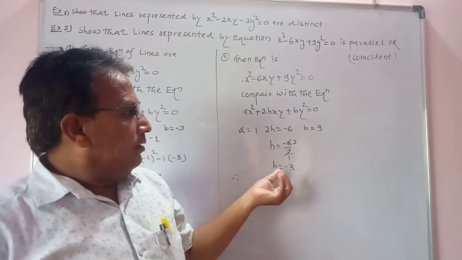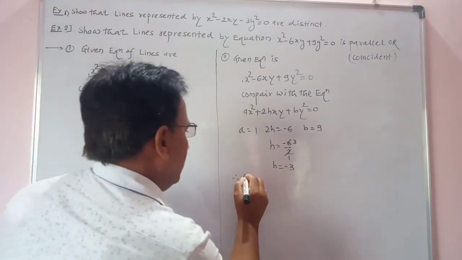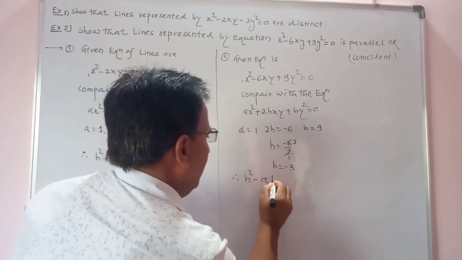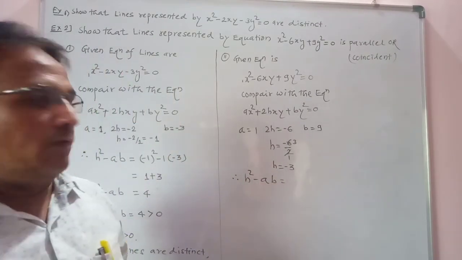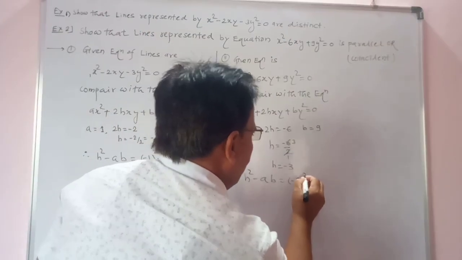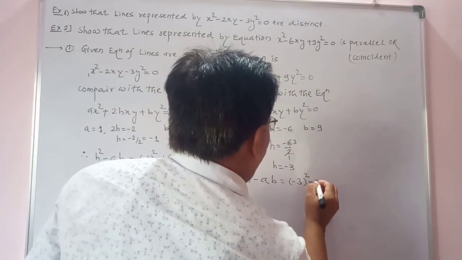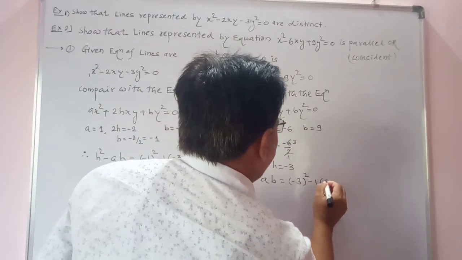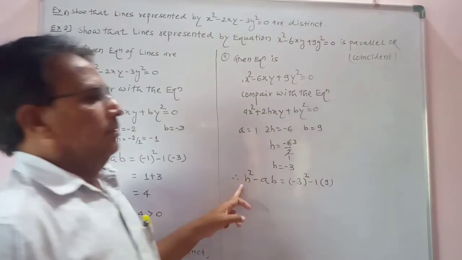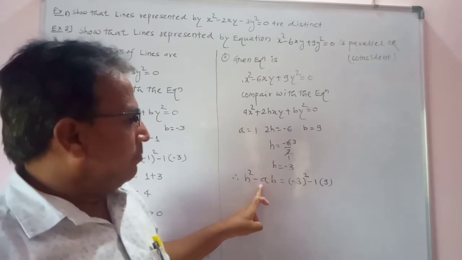A equal to 1, h equal to minus 3 and b equal to 9. We check h square minus ab equal to, the value of h is minus 3 in bracket square minus a into b, where a is 1 and b is 9.